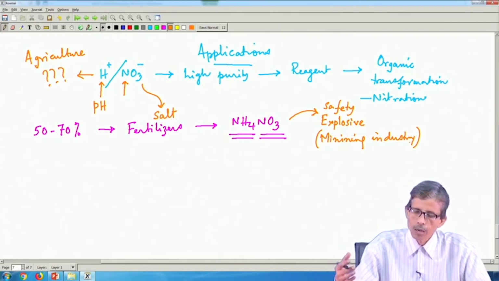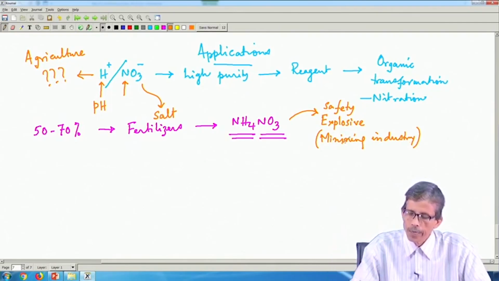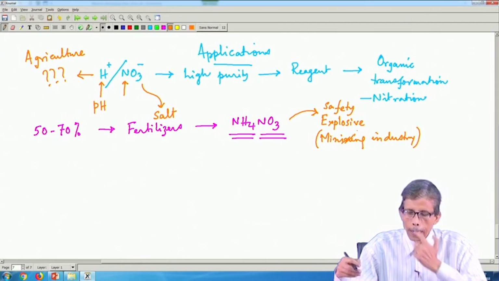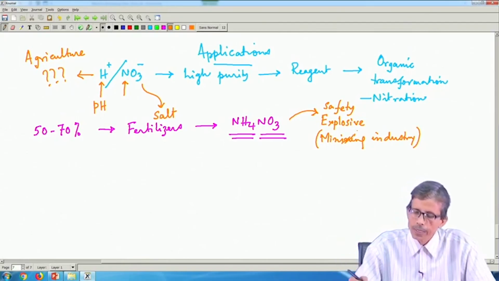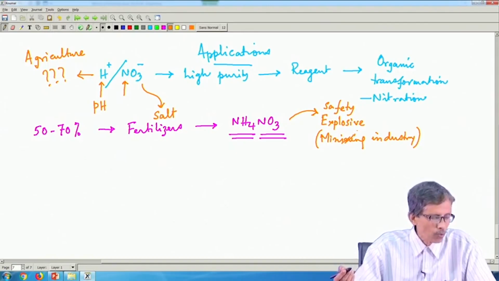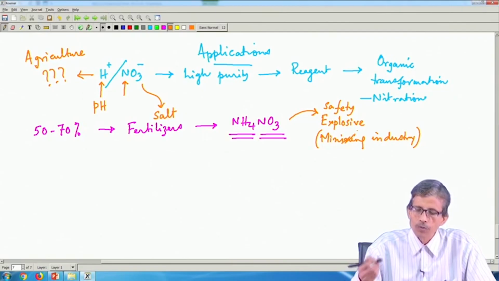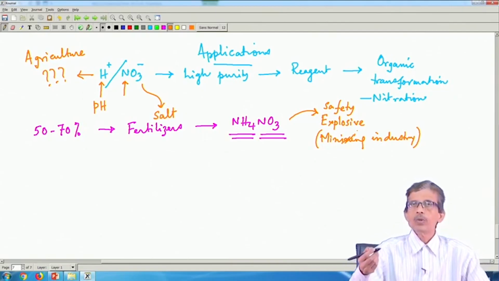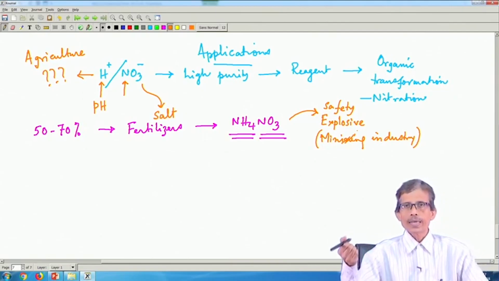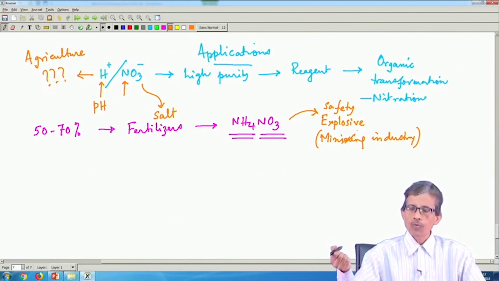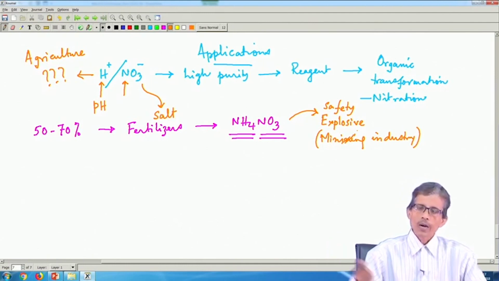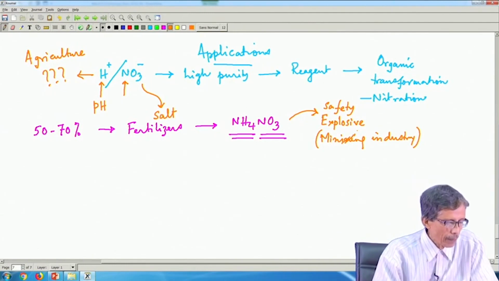So, in the mining industry this can be useful, that it can go for explosion for its useful purpose, not for making other things, like RDX and other harmful explosives, which can also utilize ammonium nitrate.